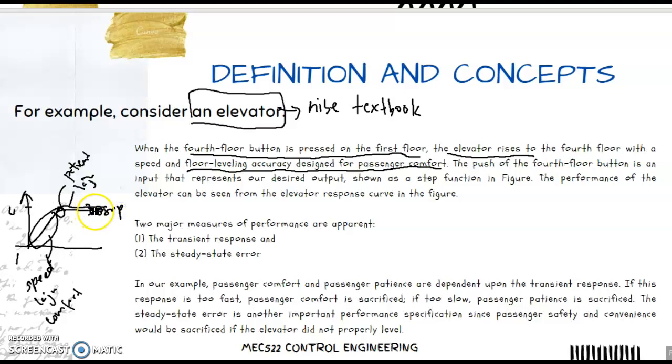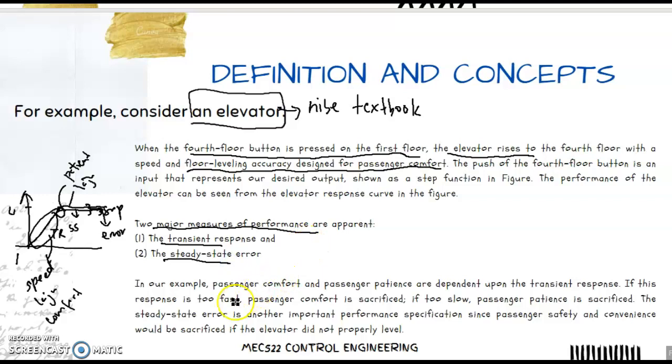Okay, nanti kita tengok. Yang ni kita panggil error. Okay. This one kita panggil transient response. Yang ni kita panggil steady state response. Okay. So, two major measures of performance are apparent. So, the transient response and the steady state error. Okay.